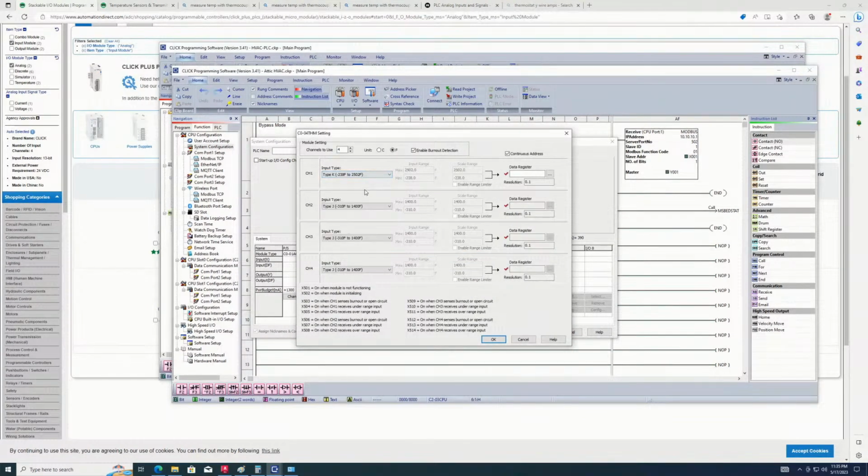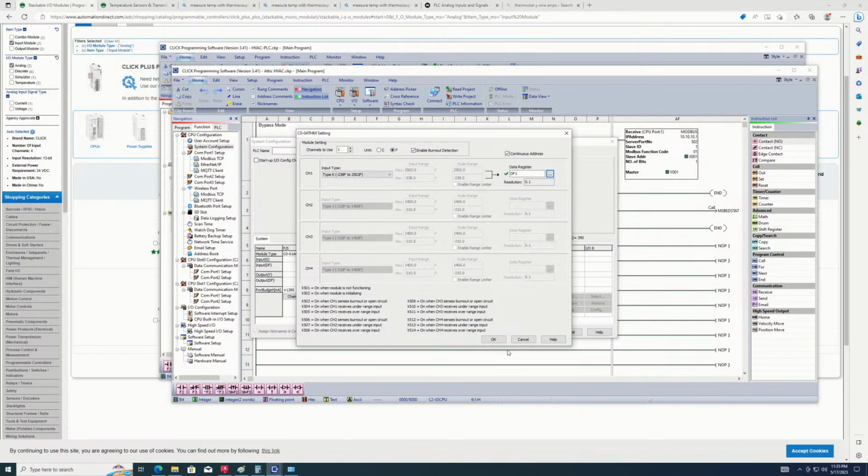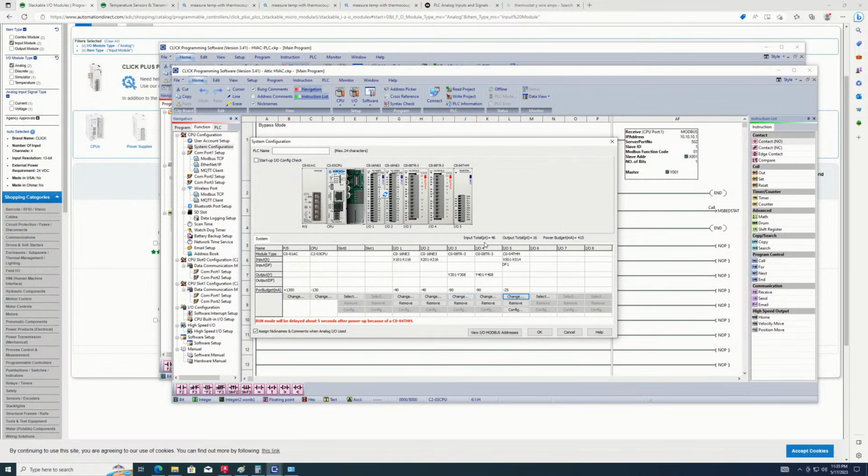You just tell it K type, tell me what data register to put it into. Well, one channel, please. Data register. That's fine. It has to have a data register if you're gonna put it somewhere. It's not okay to leave it without a data register.